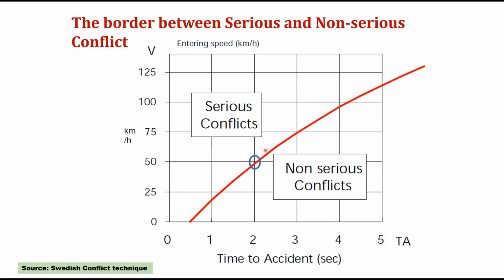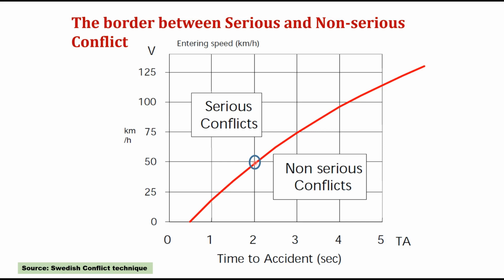Now, if you see, at a speed of 50 km/h, the borderline is 2 seconds, time to accident. So, if the driver is warned before 2 seconds of an accident, there are chances that a serious conflict can be avoided.